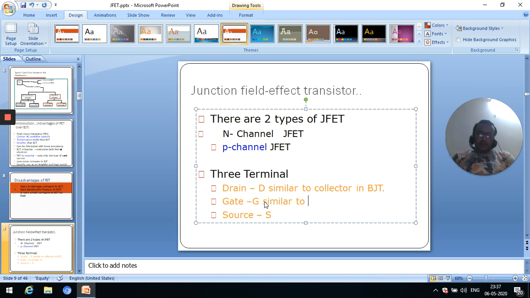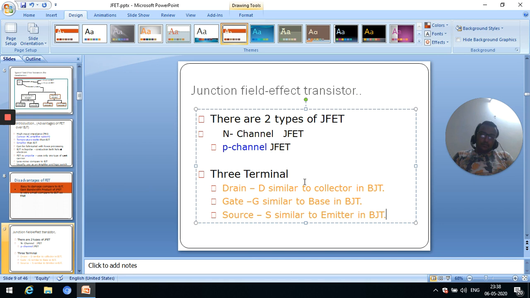It is similar to base in BJT. Source means what? Similar to emitter in BJT. So basically there are three terminals: drain, gate, and source.